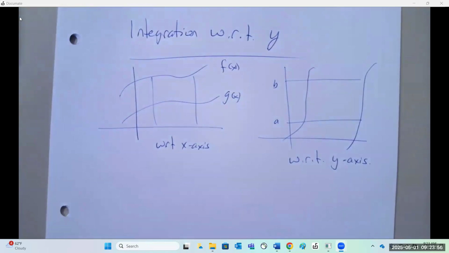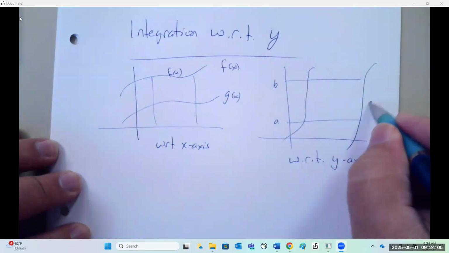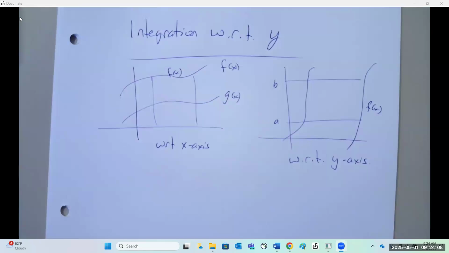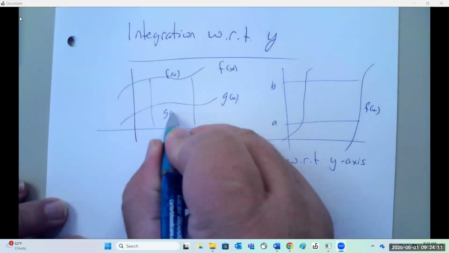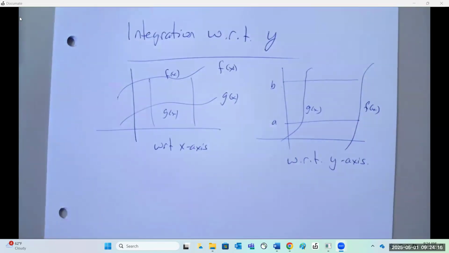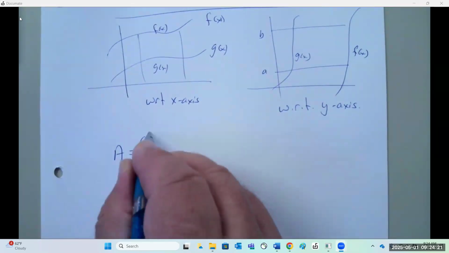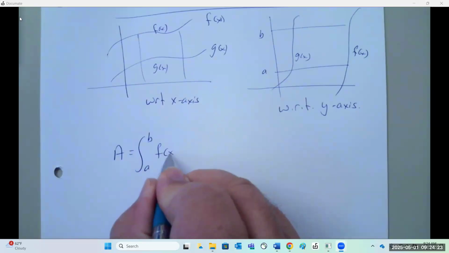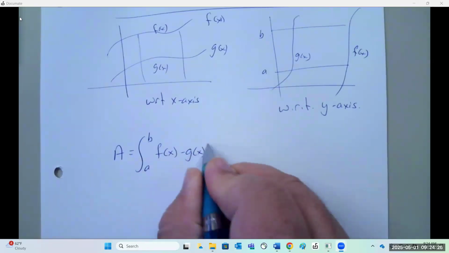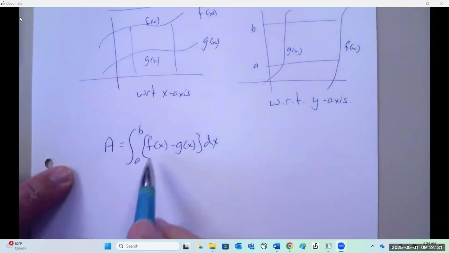It's the same thing we did earlier with the substitution method, but now we have to change the bounds of integration. Instead of f of x being the highest one, f of x will be the furthest to the right. Instead of g of x being the lower one, it's going to be the furthest to the left. This is where we used to do it.